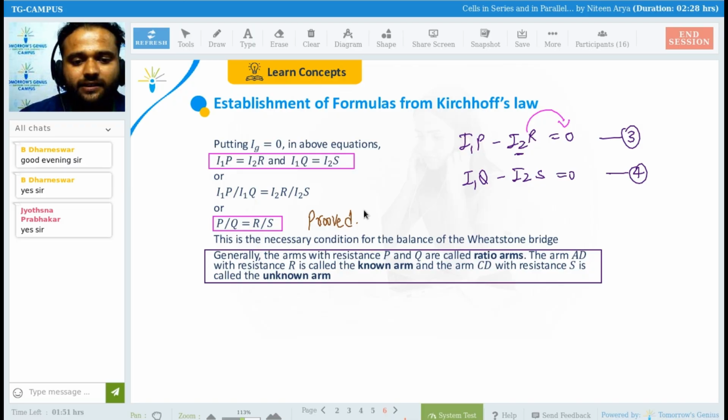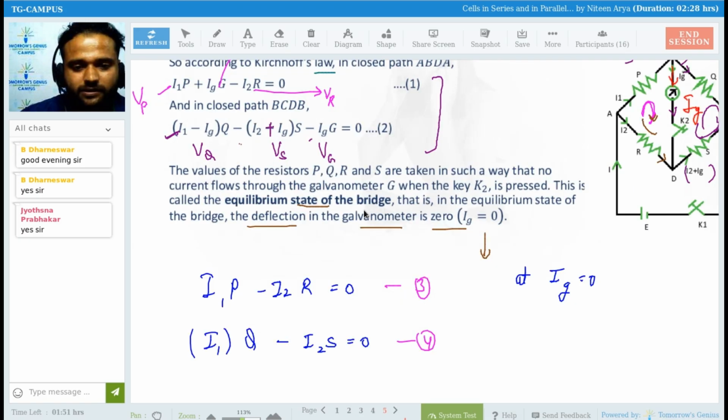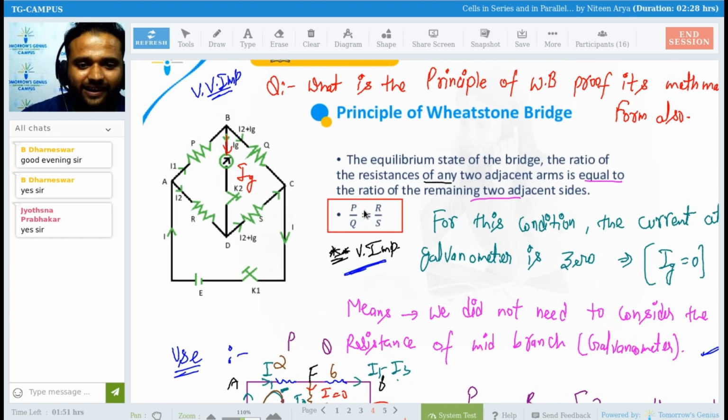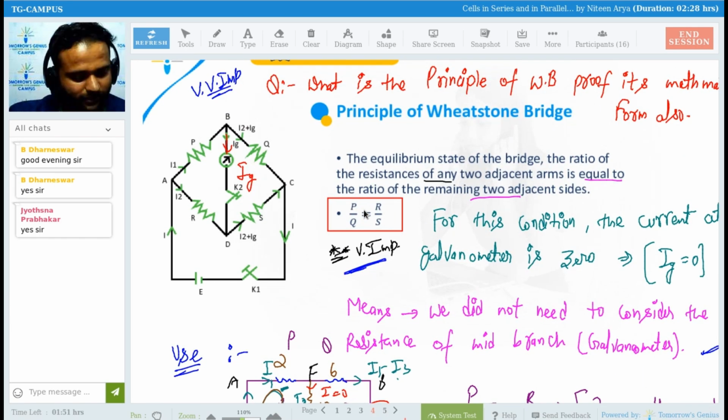The arm AD with resistance R is the known arm, meaning this particular resistance is known to you. And this CD resistance S is the unknown. They ask you to find this. Obviously, I understand you are not getting anything, because I am speaking without a diagram for the last 2-3 minutes. So just wait a minute.